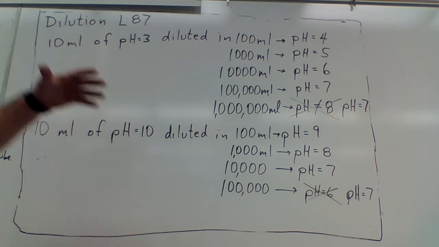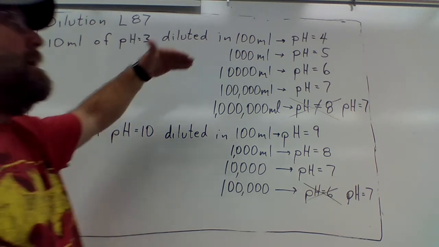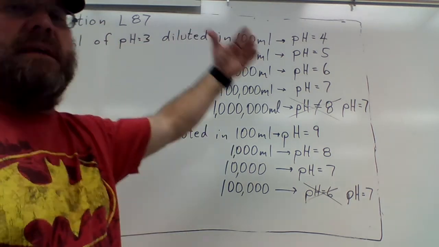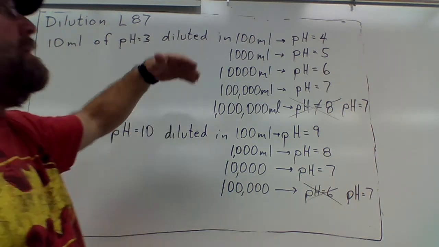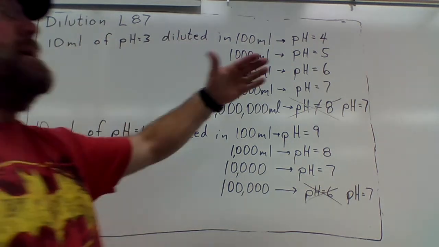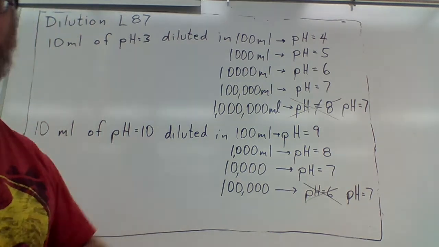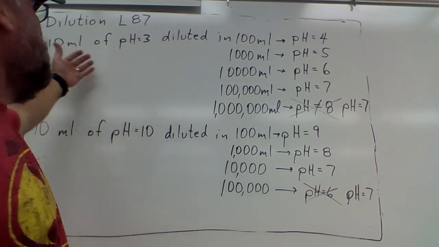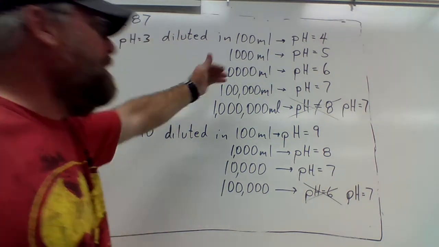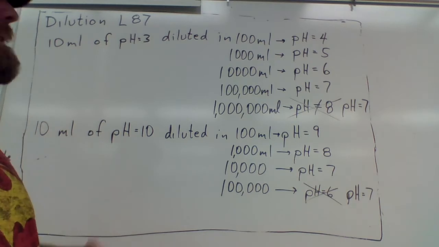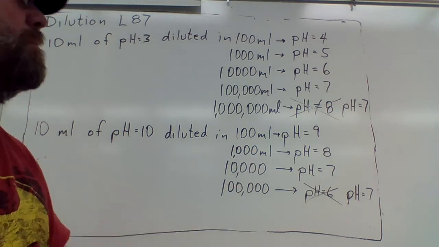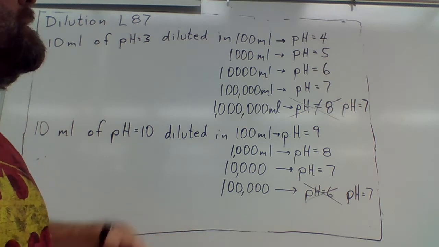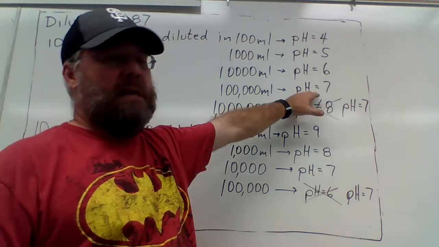If I take the 10 milliliters, put it in 1,000 milliliters, it's going to give it a pH of 5. If I take the 10 milliliters, put it into 10,000 milliliters, it's going to give me a pH of 6. If I take the 10 milliliters, put it in 100,000 milliliters, again, 100,000 milliliters is 100 liters. So you're getting a pretty big sample of water that you're going to have to put in there. What we're going to end up with is a pH of 7.